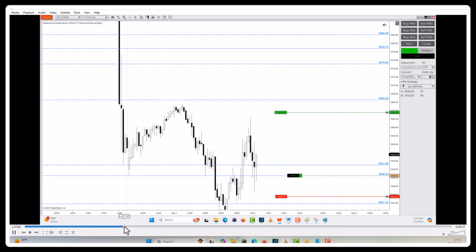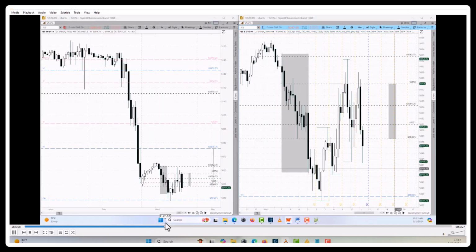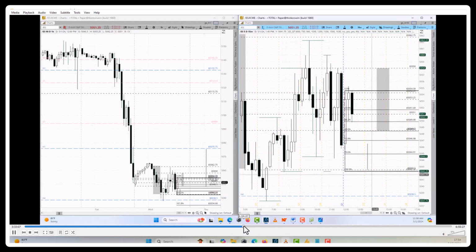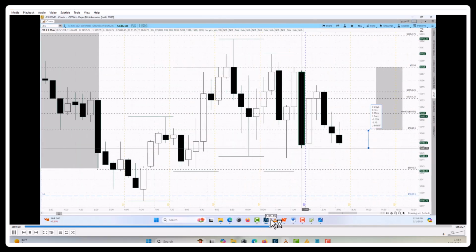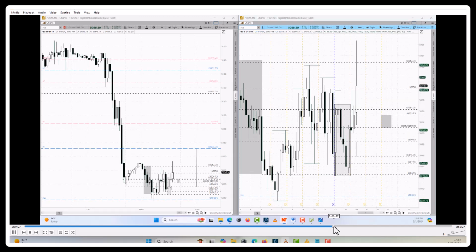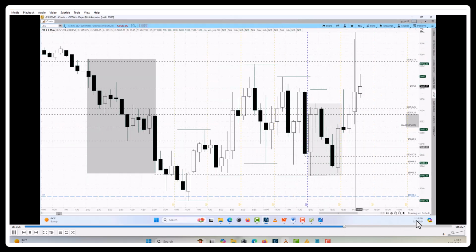You're going to see the same pattern happen with the FOMC. The first candle when the data released, it rallied at 2 p.m. Eastern Time, which is 1 p.m. Central Time.